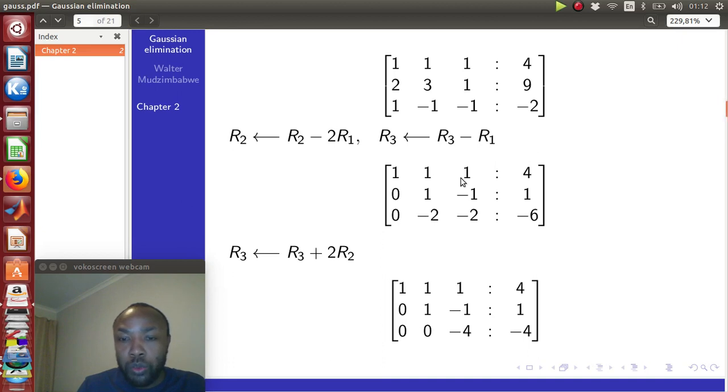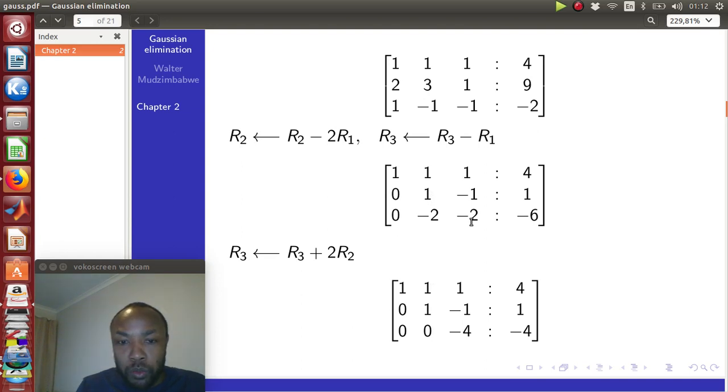In stage 2, we are now going to do this operation again, another valid row operation. Okay, so we're going to change our row 3 here to row 3 plus 2 times row 2. In this case the first one would be minus 2 plus 2 times 1, that's 0.